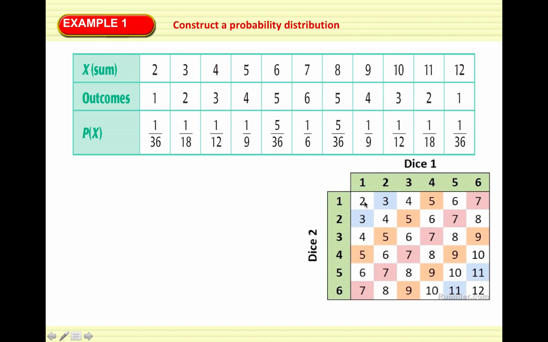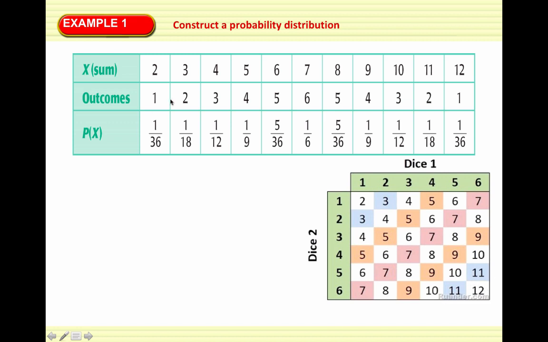So one outcome gives us 2, 2 outcomes give us 3, 3 outcomes give us 4, 4 outcomes give us 5, 5 outcomes give us 6, 6 outcomes give us 7, 5 outcomes give us 8, 4 outcomes give us 9, 3 outcomes give us 10, 2 outcomes give us 11, and 1 outcome gives us 12.